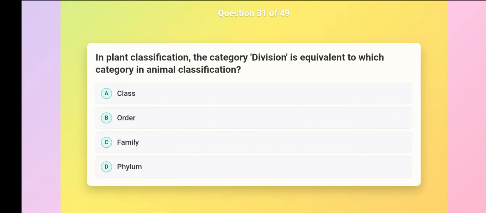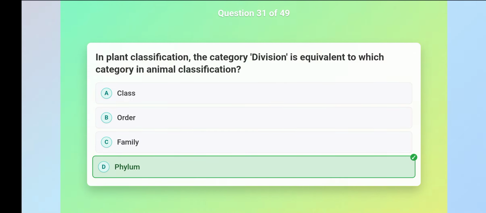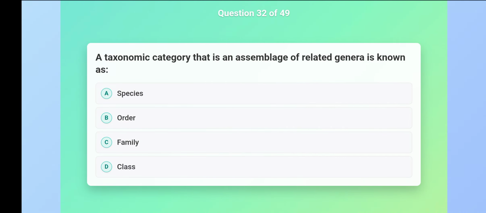In plant classification, the category, division, is equivalent to which category in animal classification? Phylum. A taxonomic category that is an assemblage of related genera is known as family.